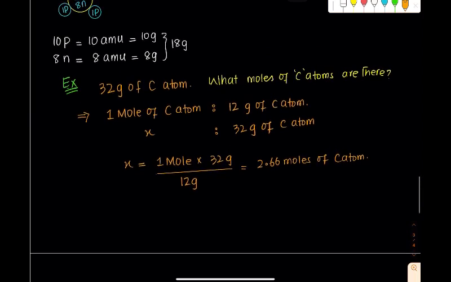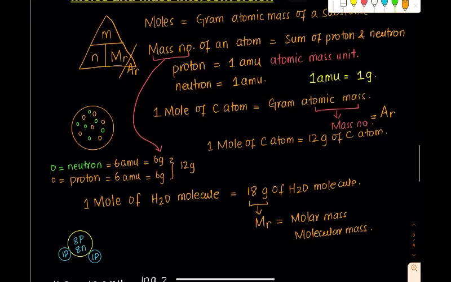So let's put this into the formula as well. The formula tells us that this small m stands for the given mass. This small n is used for moles. And this MR is actually the molar mass.